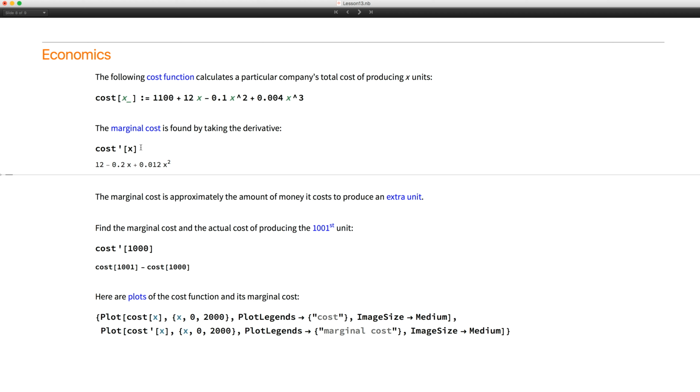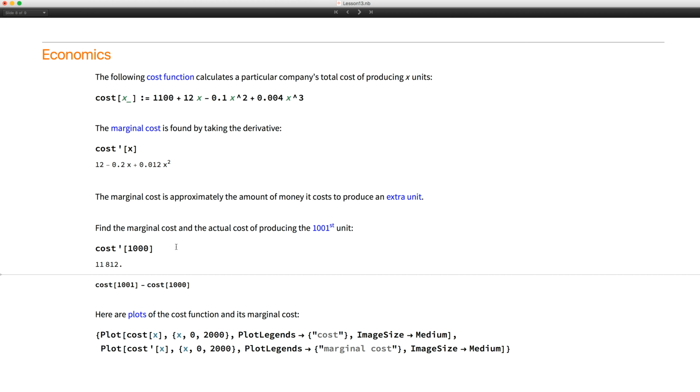So the marginal cost, roughly speaking, is the amount of money it costs to produce an extra unit. So for example, we might ask, what is the marginal cost and the actual cost of producing the 1001st unit?